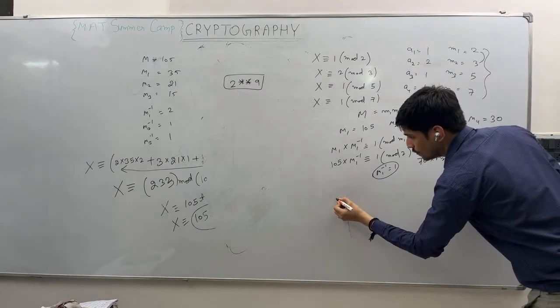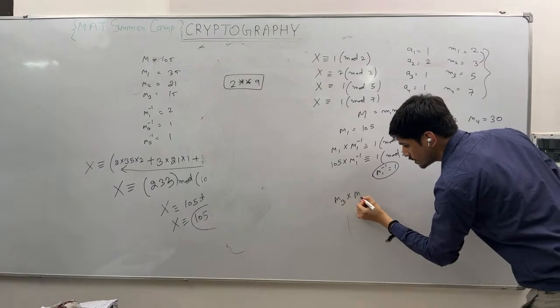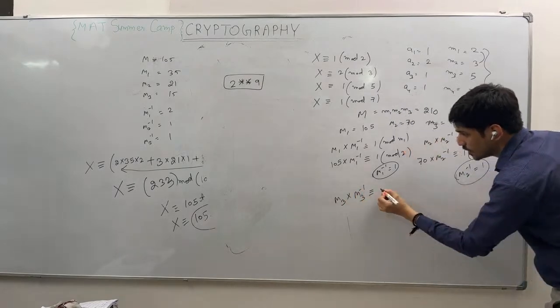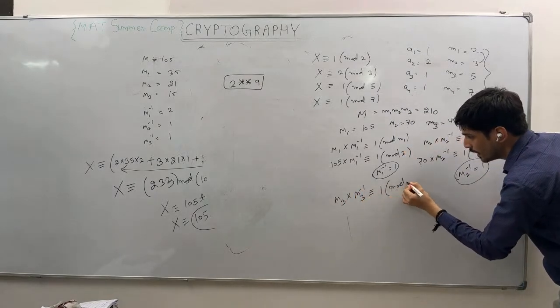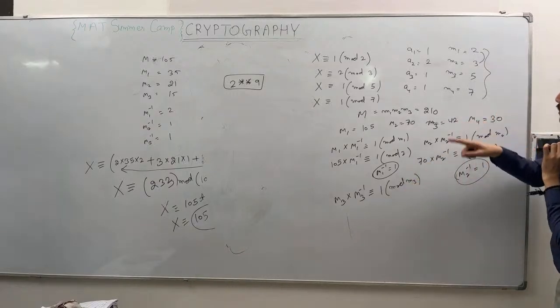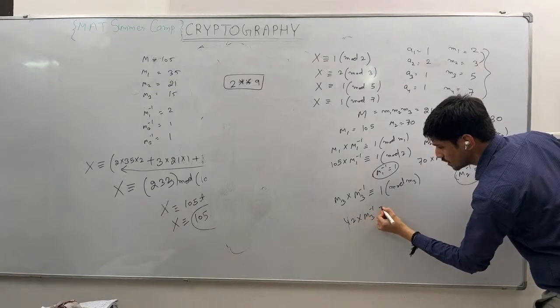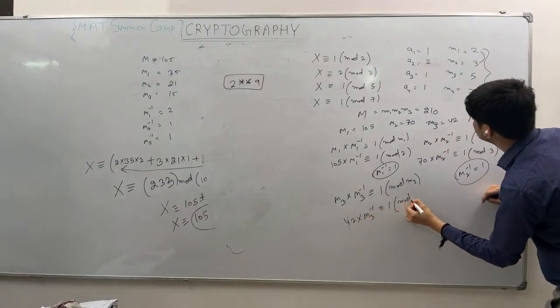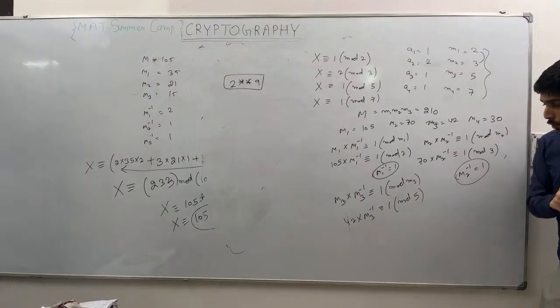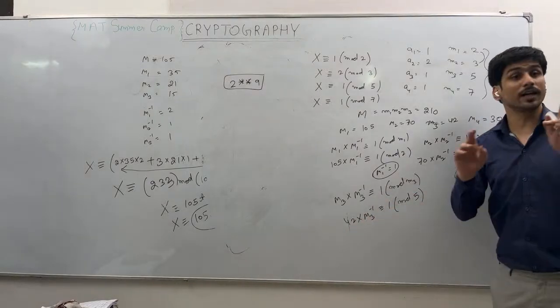Now all of you try for M3. M3 times M3 inverse is 1 mod m3. First of all, what is capital M3? 42. 42 times M3 inverse is 1 mod what? m3 is 5. Now you see, if I divide 42 by 5, will I get remainder 1?